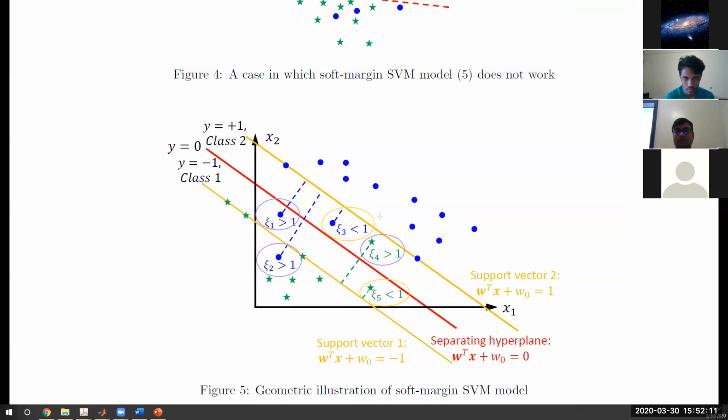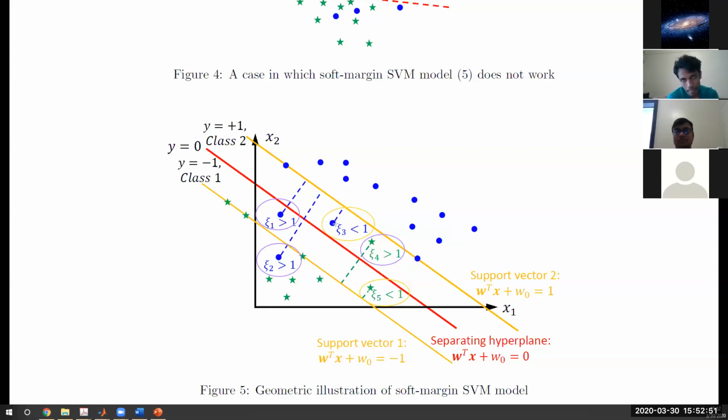The second thing, have a look at point 3 and point 5. First of all, yes, they're inside, no problem. I mean, they're on the correct side. However, there's a problem. They do not satisfy the constraint. Why? Because the constraint tells me that the distance of this point, let's call it x3, to this separating hyperplane should be greater than or equal to 1.